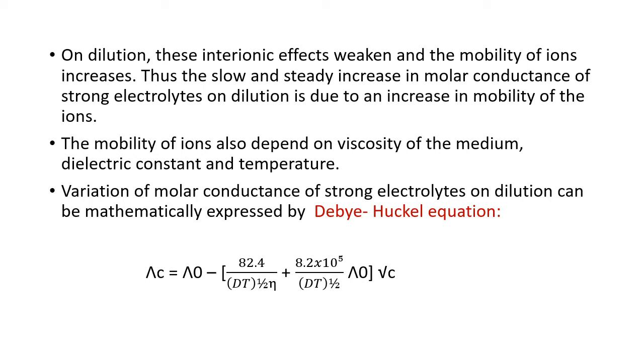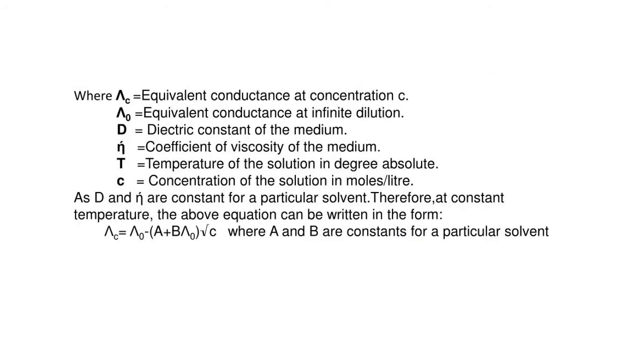So this is Debye Huckel Onsager equation. Lambda C is the equivalent conductance at a particular concentration, lambda 0 equivalent conductance at infinite dilution, D dielectric constant, eta viscosity of the medium, C concentration of the solution.